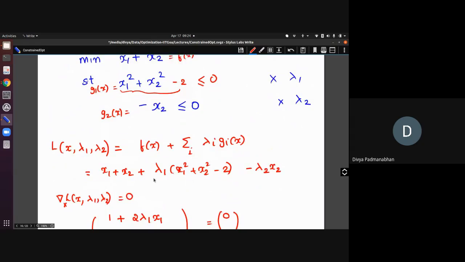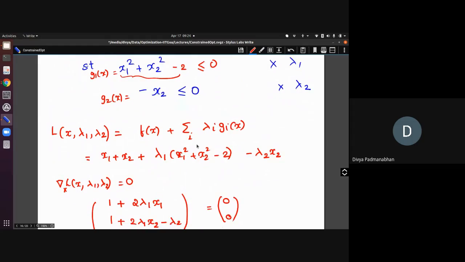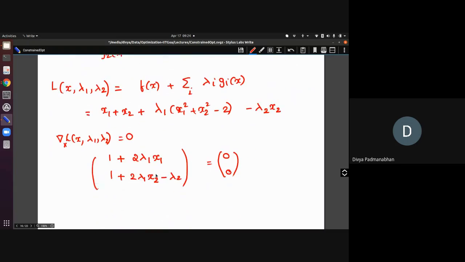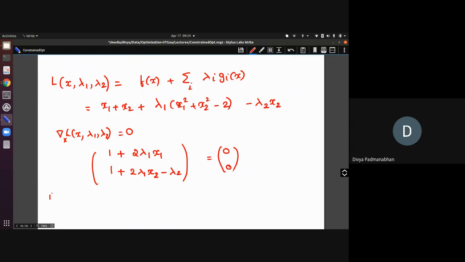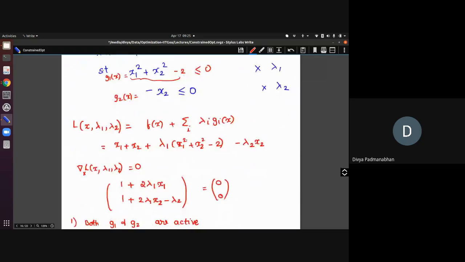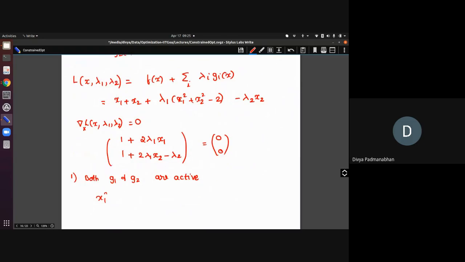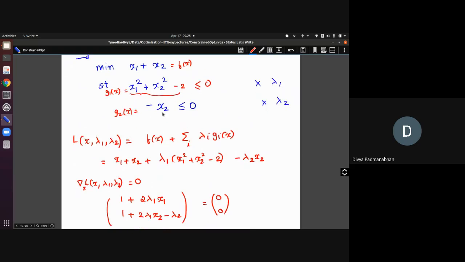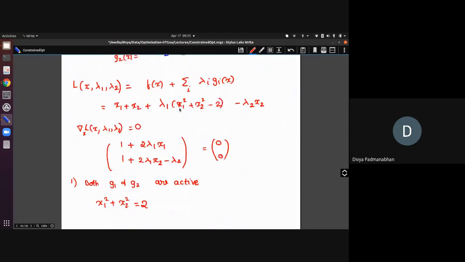Now in order to find a point which satisfies this, we will look at it case by case. The first case is, let's take that both constraints are active, so both g1 and g2 are active. What that means is x1 square plus x2 square minus 2 is 0, and also minus x2 is 0.